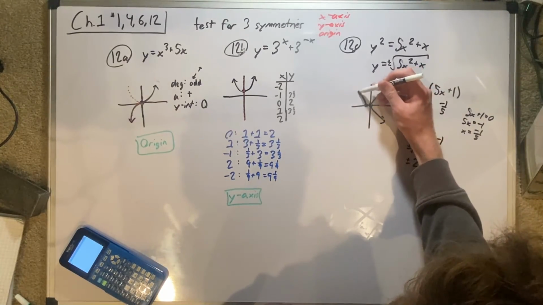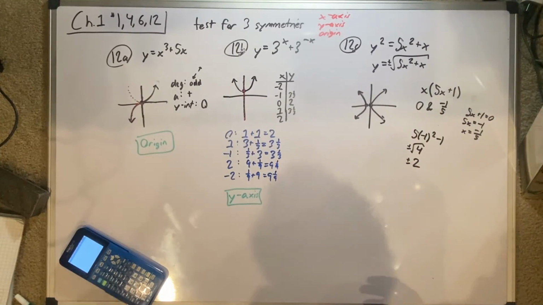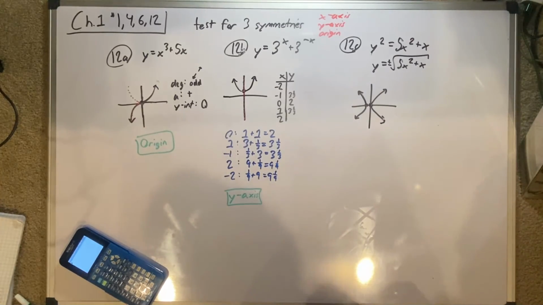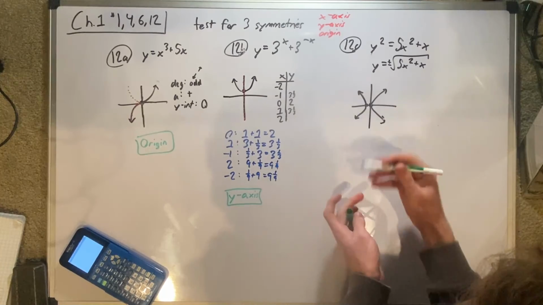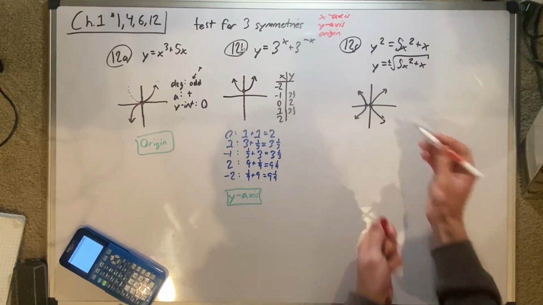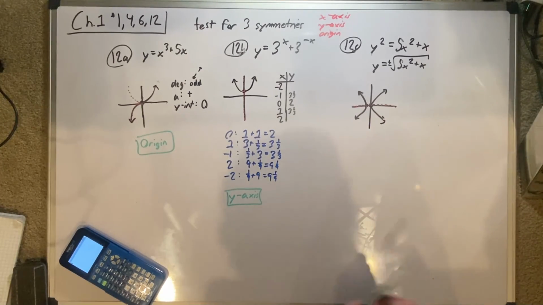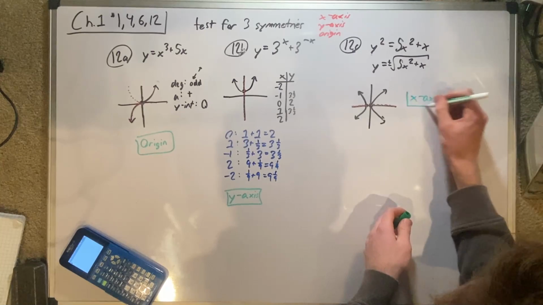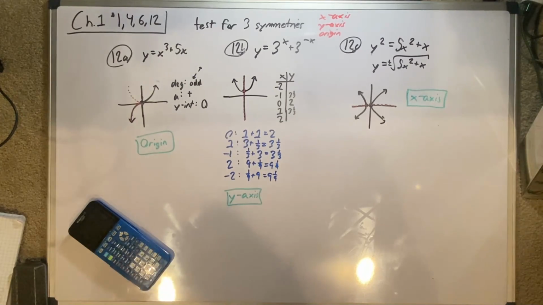So things would go equally on this side as they do on this side. And so this would be what our graph looks like. Now, let's determine what kind of symmetry this has. It flips over pretty well along our x-axis here, so this has x-axis symmetry. And those would be our Chapter 1 recap test solutions.